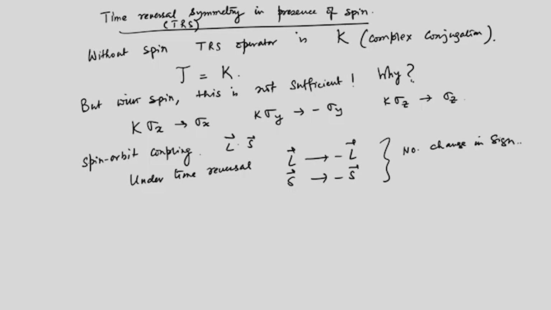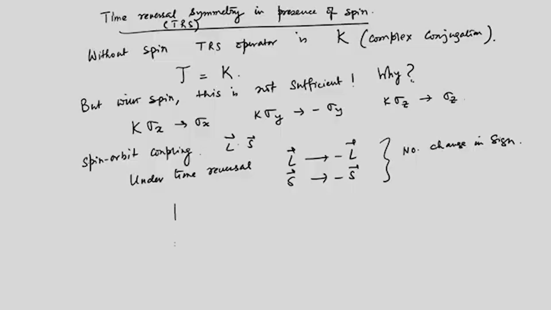Now, you see that since we are talking about spin half particles, we have resorted to the Pauli matrices. Now, you see that both sigma x and sigma z do not change sign, but we want them to change sign. So, there is some other operator that we need to think about, which will give us a change in sign for all of sigma x, sigma y and sigma z.